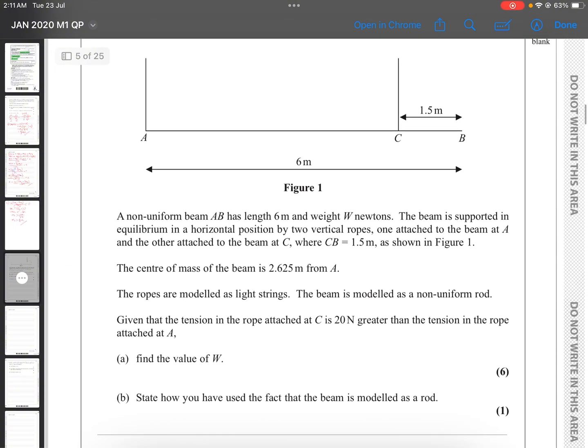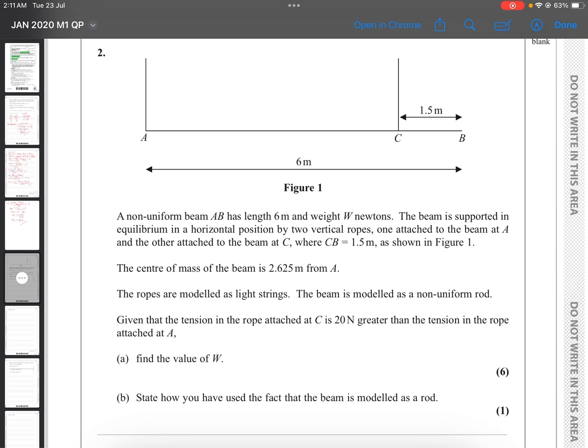Question 2 states that a non-uniform beam AB has length 6 meter and weight W newtons. The beam is supported in equilibrium in a horizontal position by 2 vertical ropes, one attached to the beam at A and the other attached to the beam at C, where CB is equal to 1.5 meter as shown in figure 1.